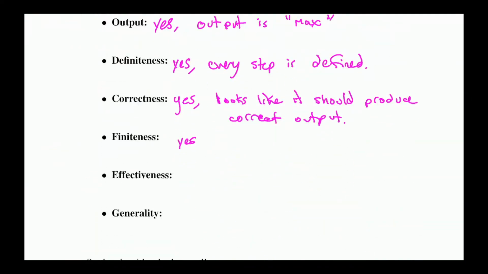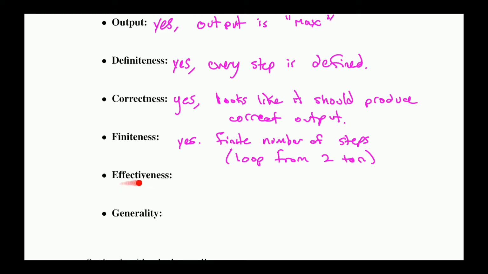Why? Because we're looping from 2 to n, and n is a number, so that's not going to be infinitely many times through the loop. Okay, so that should be fine.